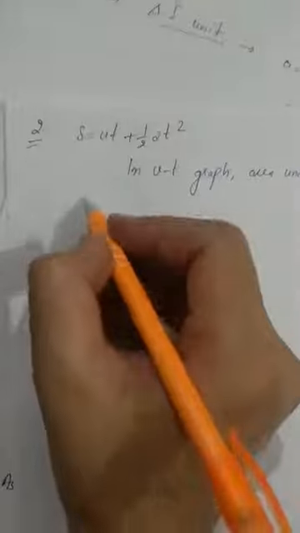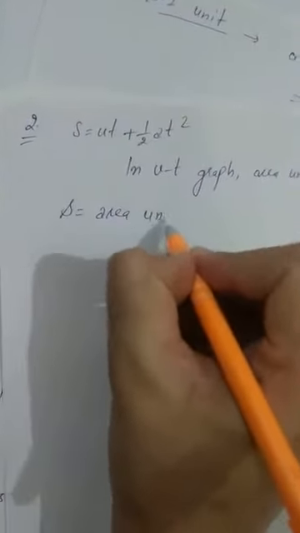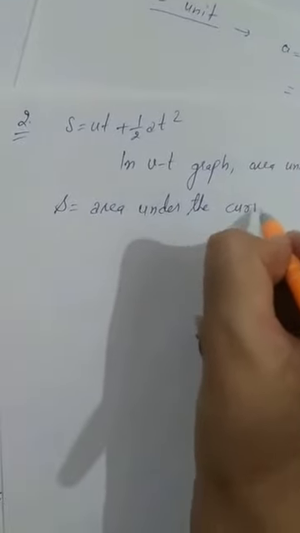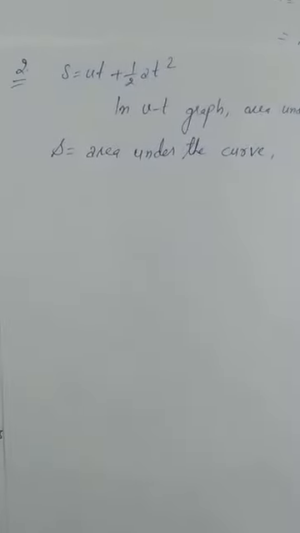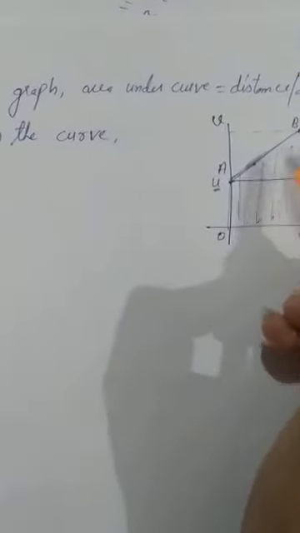Clear now? Then we find S equal to the area under the curve, and S is the distance or displacement. Now the area under the curve is this one.